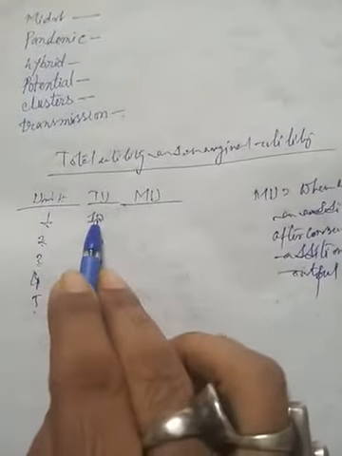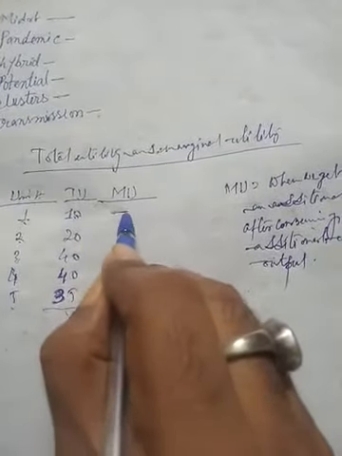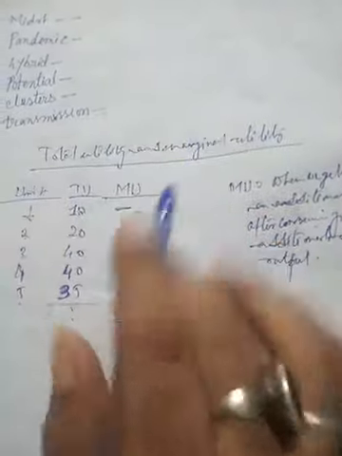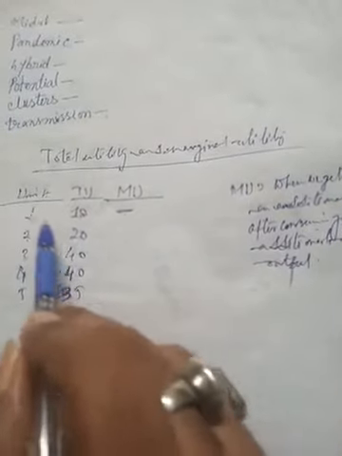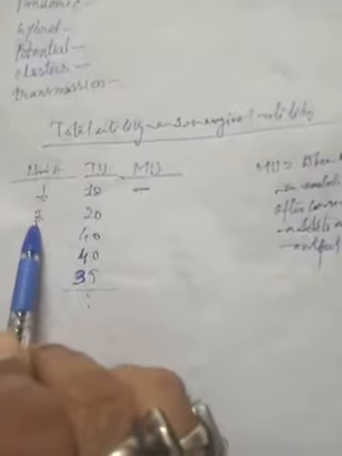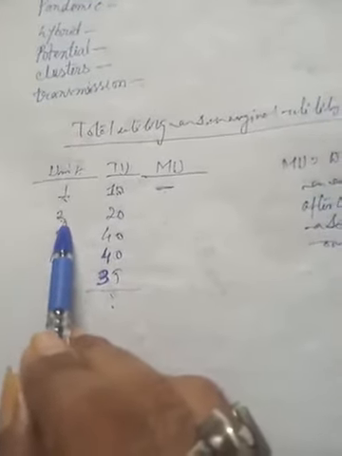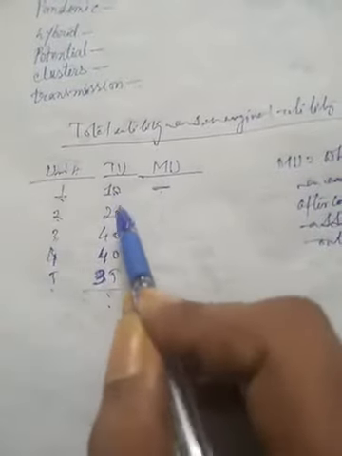Suppose the first unit, my total utility is 10. There is no additional or extra utility. When we take an extra unit, that means the second unit, how much additional utility do we get?